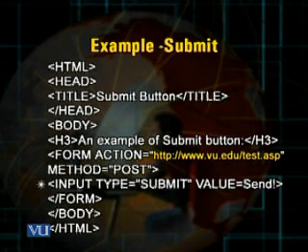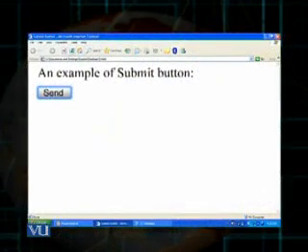The button would perform the function of submit, but because of the value attribute, its label would be whatever is presented as the value of the attribute value, which is send here. After that, I close the form tag, then the body tag, and then the HTML tag, and the result you have already seen. It results in the creation of a small submit button on which the label is send.